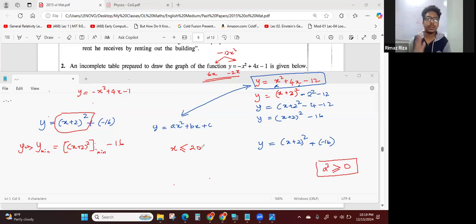Does x have a maximum value or a minimum value? Think carefully and tell me. If it has a maximum value, you can type max. If it has a minimum value, you can type min. Say max or min.